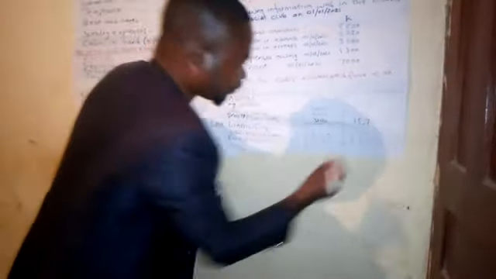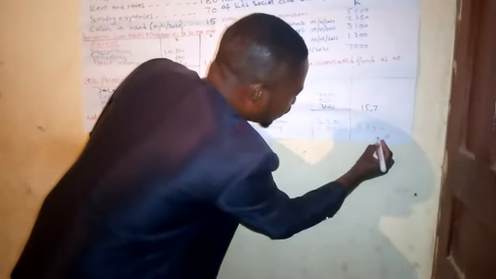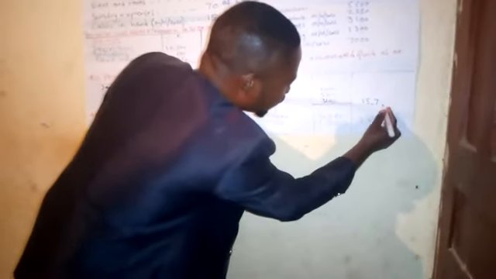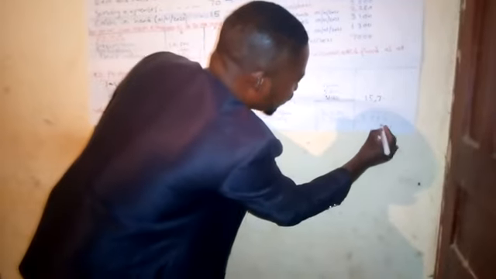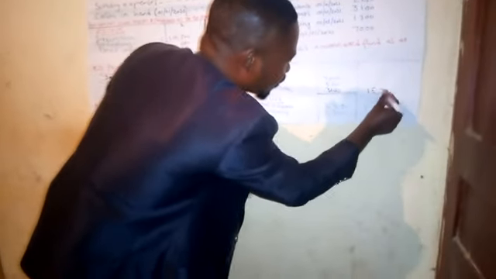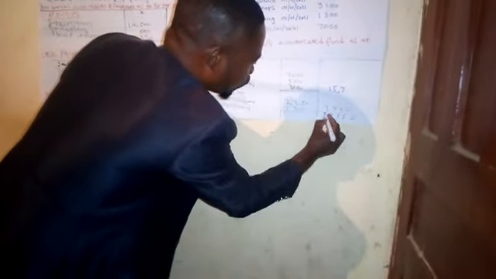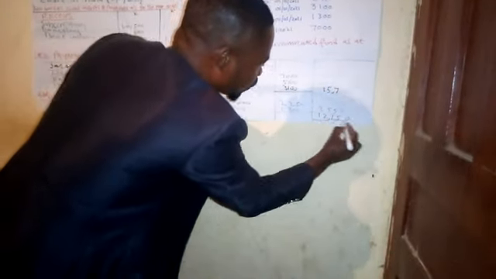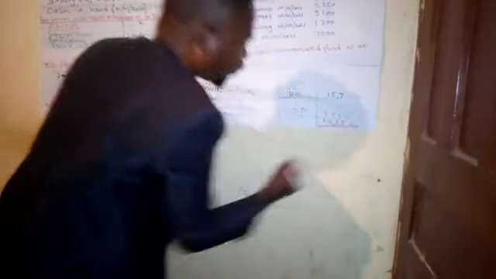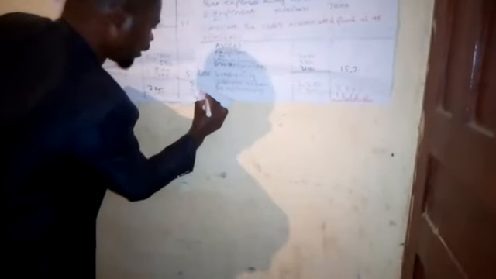Okay, so let's subtract. We have 0, there we get 5, there's 6 here, we get 1, there is 2, then there is 1. So we have 12,150. This amount is what is known as accumulated funds.